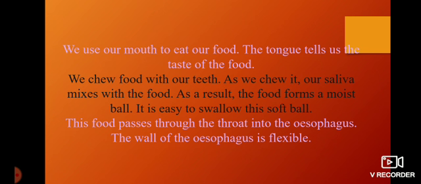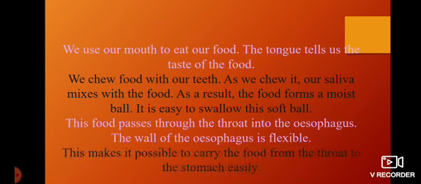As a result, the food forms a moist ball, and it is easy to swallow. This food passes through the throat into the esophagus. The wall of the esophagus is flexible. This makes it possible to carry the food from the throat to the stomach easily.